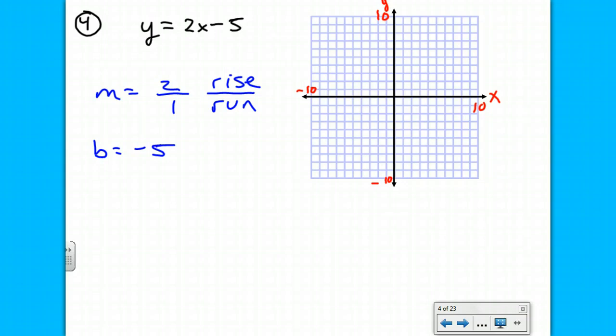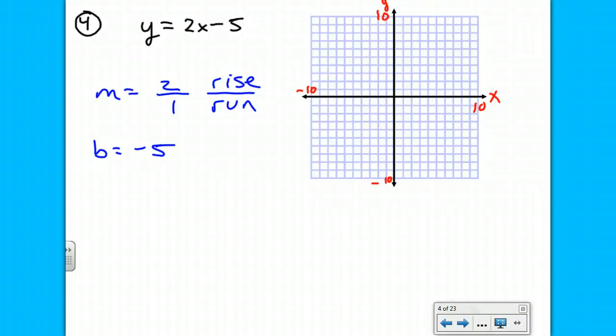So when we have slope and y-intercept, do we have a point? What point do we have if we have a y-intercept? We have a -5. Remember the term intercept?